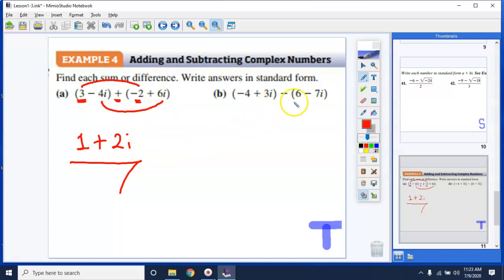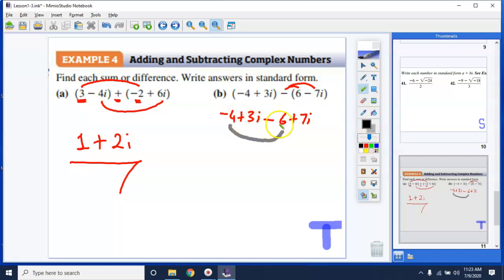But if we see a subtraction, it's a little bit different. I'm gonna write first one over here. It's fine. But if we see a negative, we should distribute first. Okay, distribute first. So it's gonna look like this: negative 6 and negative make positive 7i. So right now, let's take care of real numbers first.